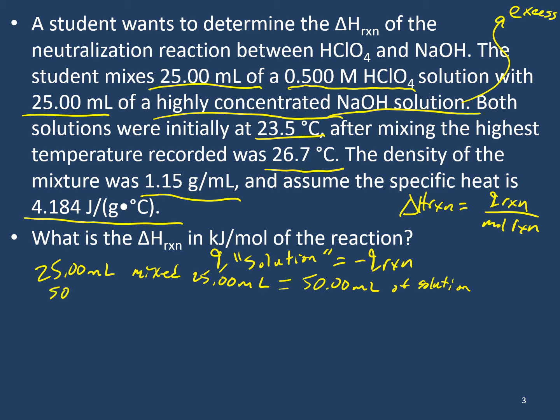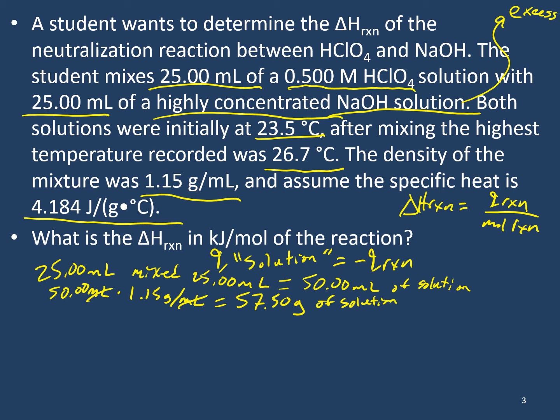So 50.00 milliliters times 1.15 grams per milliliter. Milliliters are going to cancel, and I'm going to be left with the mass of my solution. This gives me 57.50 grams of solution, and I need this to calculate Q of the solution.